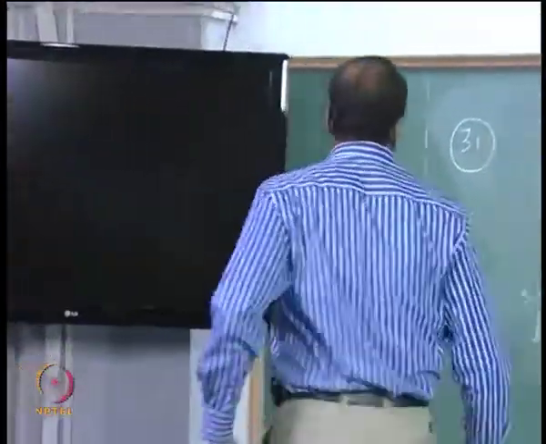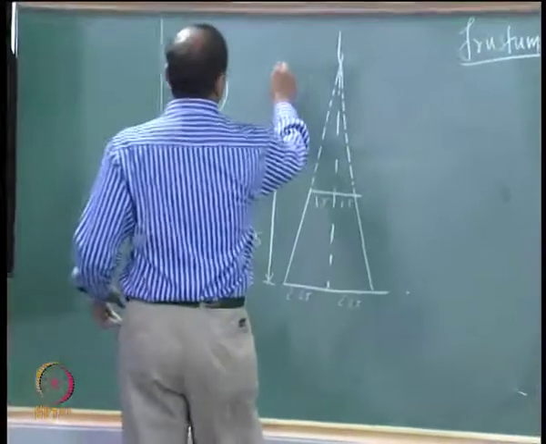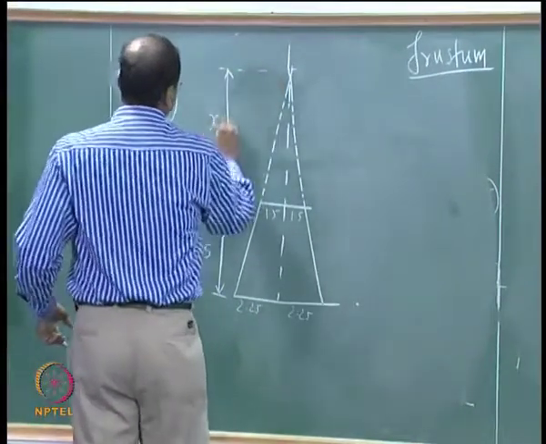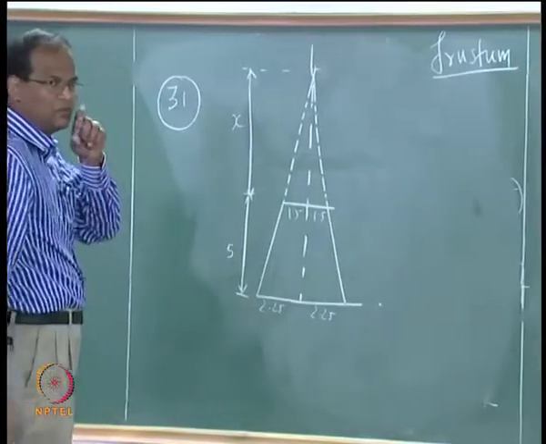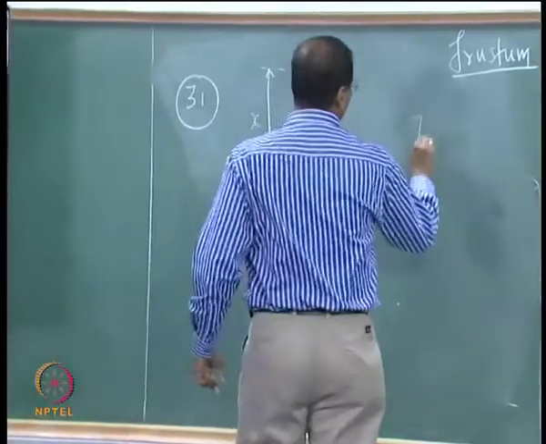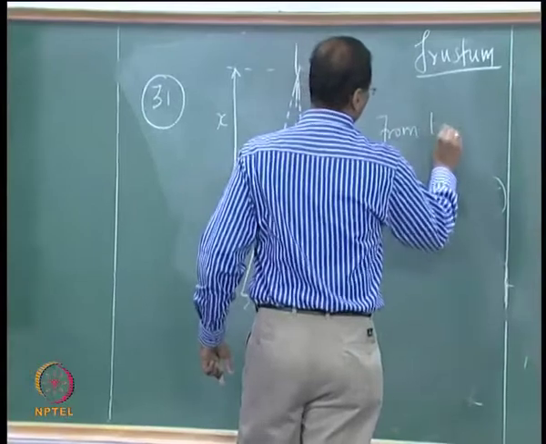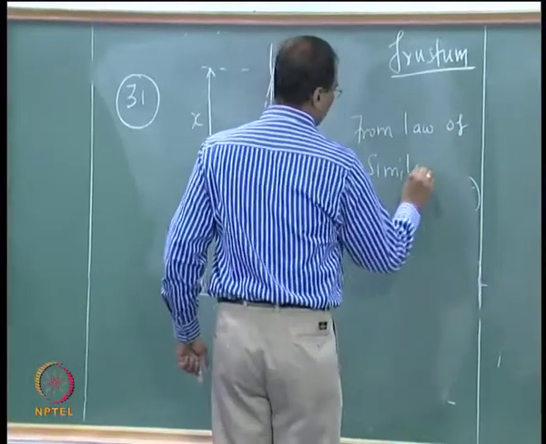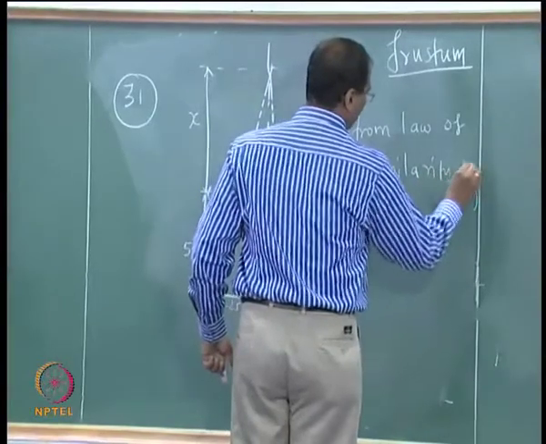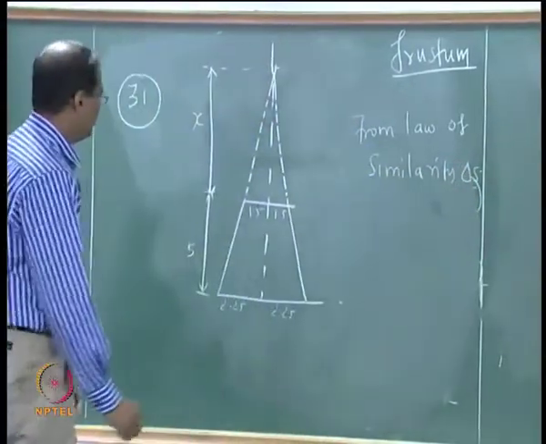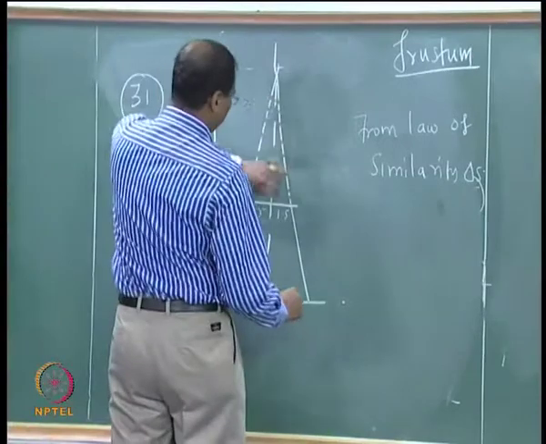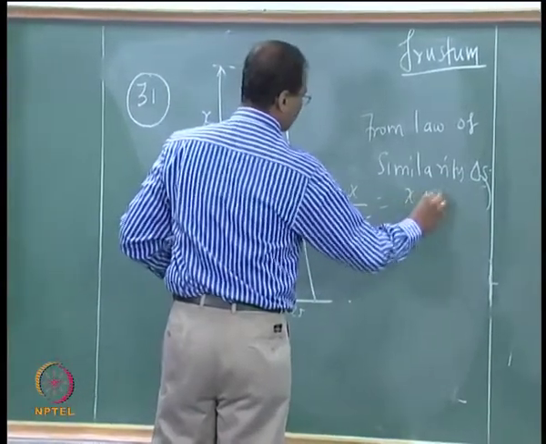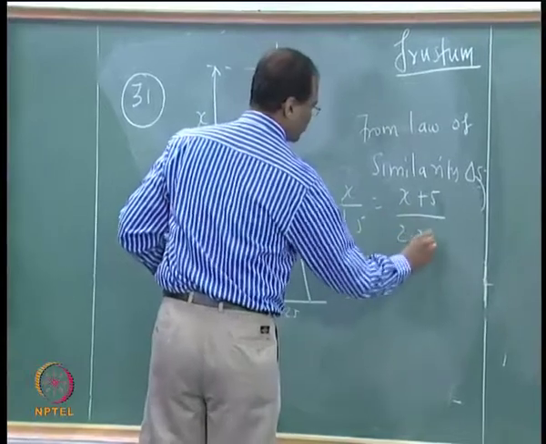I call this as x. By the law of similarity of triangles, x divided by 1.5 is equal to x plus 5 divided by 2.25, is that correct?